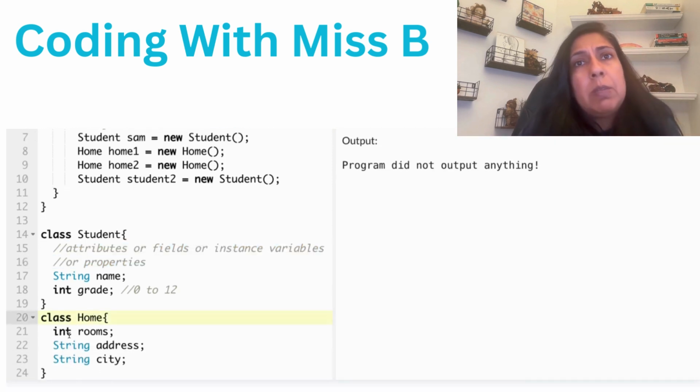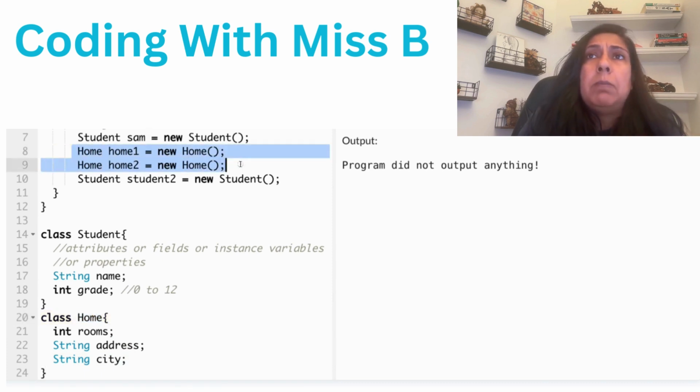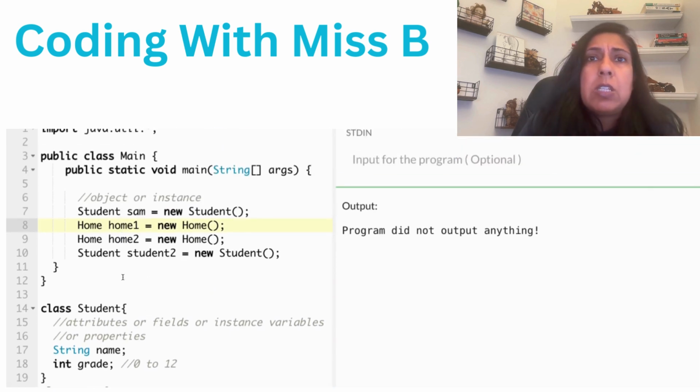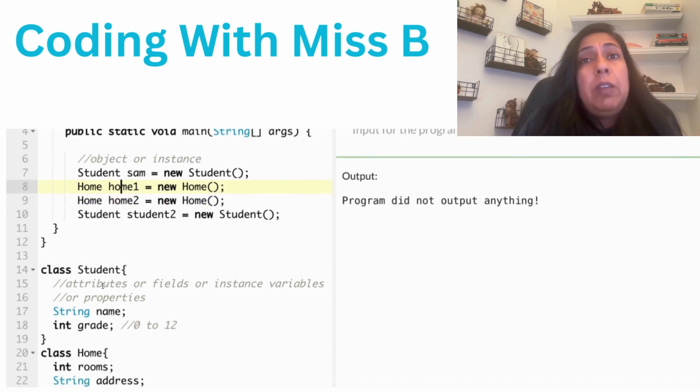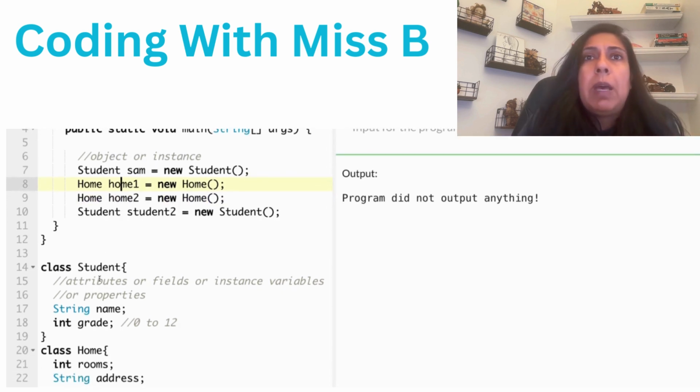For home, very similarly, rooms, address, and city are three fields or attributes or instance variables or properties of the home class or of each of these objects. All right. So this is just a little bit of introduction into what attributes and fields are and what classes are. In future, we're going to talk a little bit more about what other things you can do with these classes and objects.